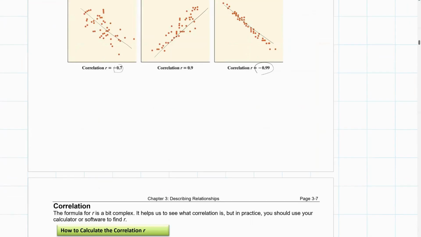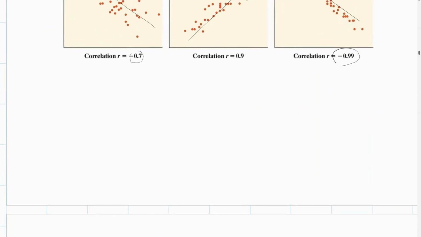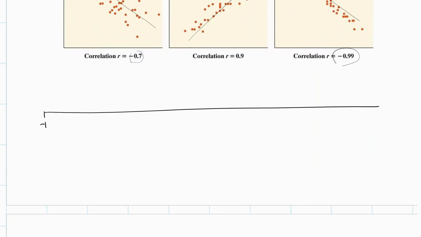What I would like you to do is associate particular R values with particular adjectives. So I'm going to draw out a number line, putting -1 and +1 on the two ends. And we're going to say that if you have a -1, you have a perfect negative relationship.